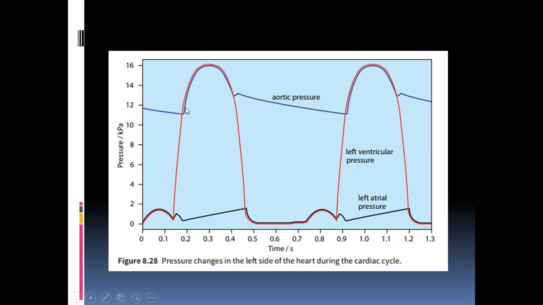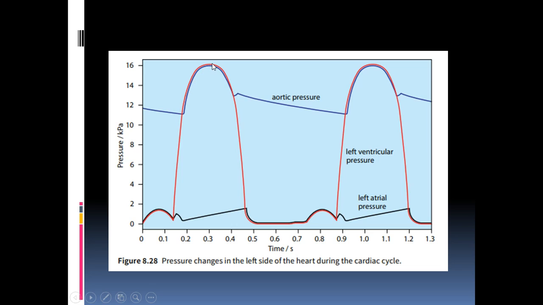This is the point where the semilunar valve opens, and blood from the ventricle then flows into the aorta. That's why the blue line and the red line share the same value, because the pressure comes directly from the contraction of the left ventricle.